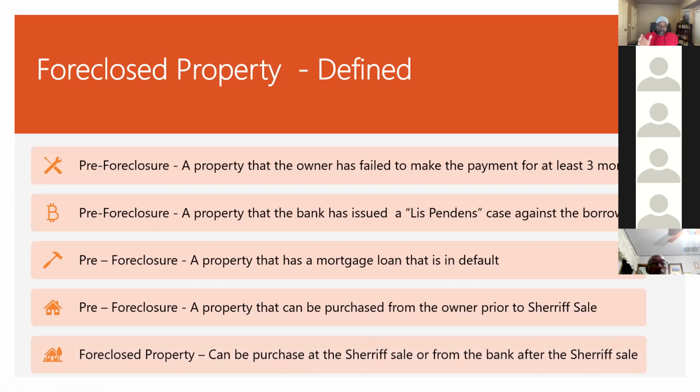A foreclosed property can only be purchased at the sheriff's sale, or after the sheriff's sale if it doesn't sell. Okay, any questions on that? Let's make sure everybody understands the difference between pre-foreclosure and foreclosure. All right, you got that.